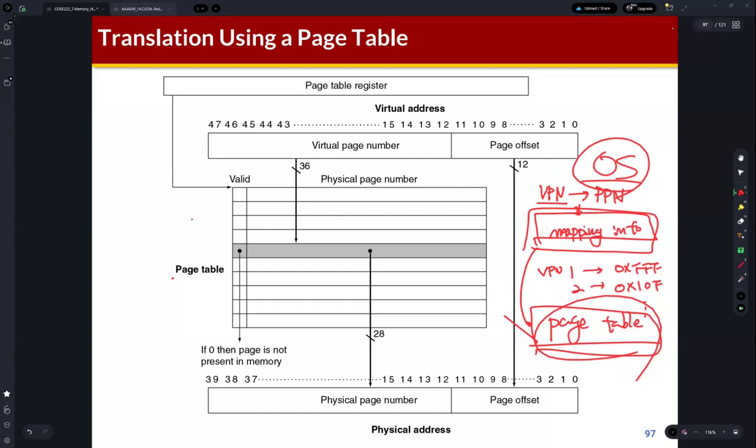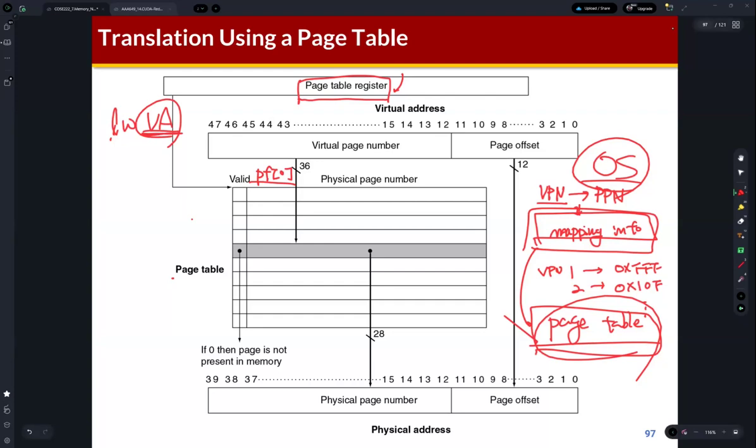When a process is launched in a CPU, the pointer of the page table, the base address of the page table, is stored in the page table register, right? And then when the load word is executed, this load word uses the virtual address, right?